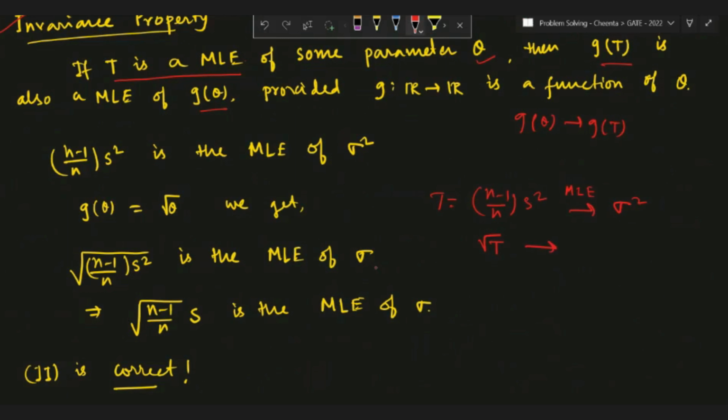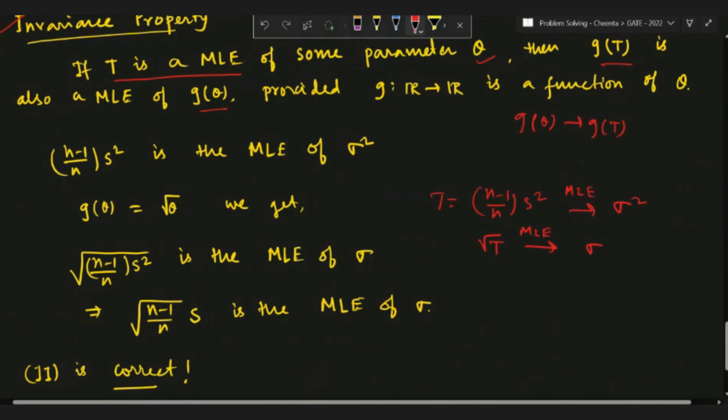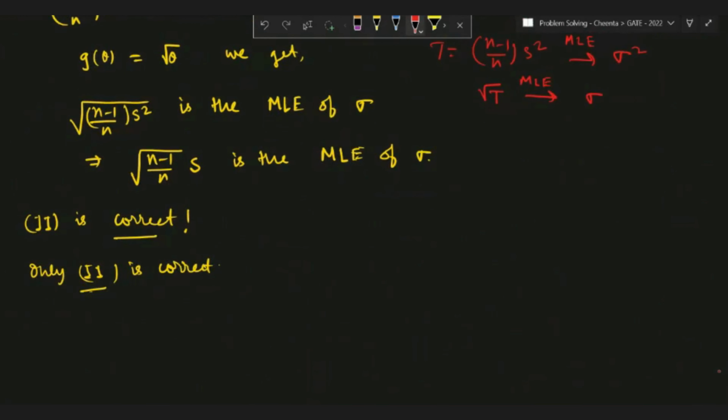Root T is coming out to be root over (n minus 1) by n into S. So by the invariance property, we can say that root over (n minus 1) by n into S is the MLE of sigma. So we can see that (n minus 1) by n S square is the MLE of sigma square, and root of (n minus 1) by n into S is the MLE of sigma also.